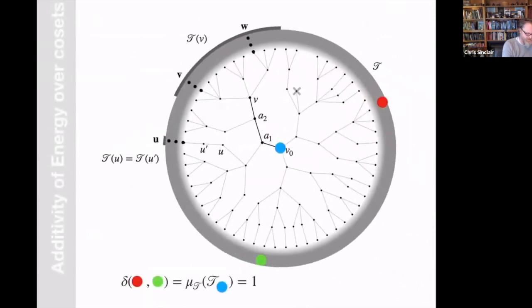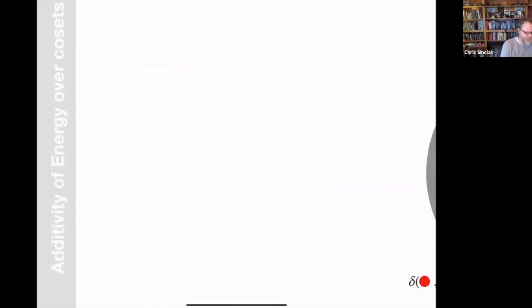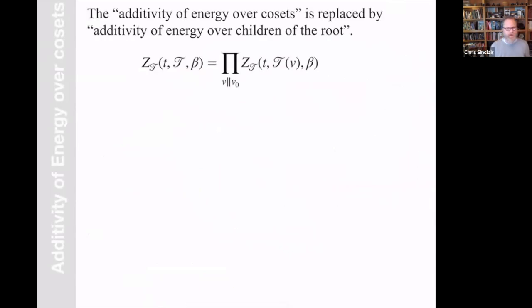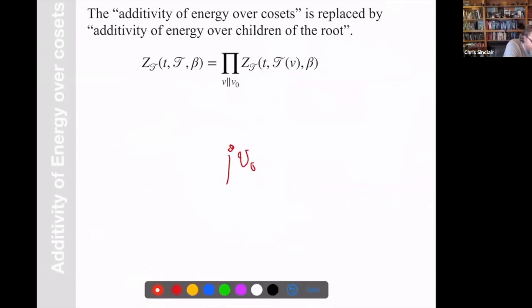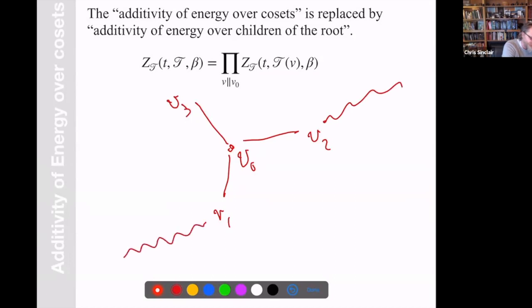That's basically if you come from two different children, you have distance 1. So we have the same additivity of energy over cosets. The idea here is all the descendants of, if we look at the center, V0, and suppose you have three children, V1, V2, V3, any descendant of V2 is going to be distance 1 away from any descendant of V1. Or any descendant of V3 is going to be distance 1 away from any descendant of V1.